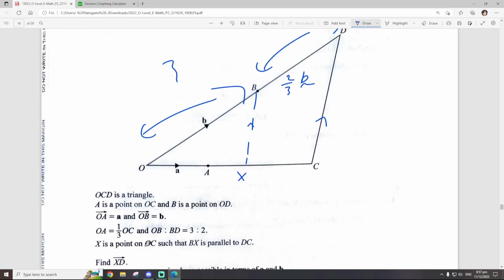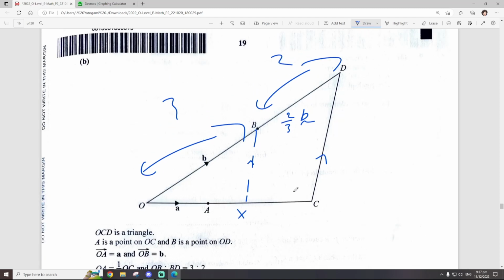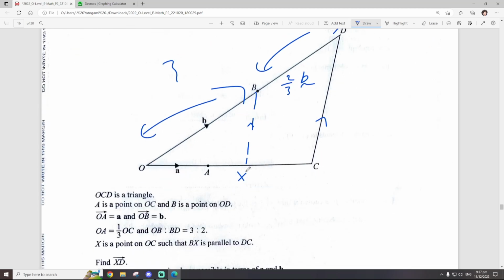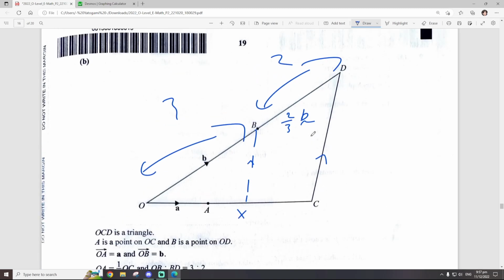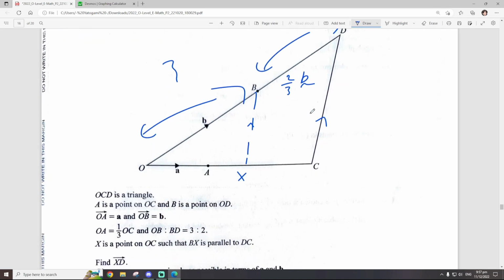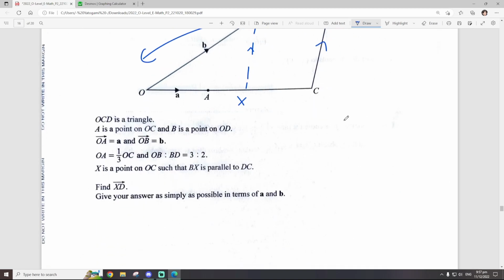Okay, so we notice that if we can actually express CD in terms of A and B, then XB has to be a scalar multiple of that. But we notice that XB has a B component in it. Okay, so how do we find CD? CD is actually OD minus OC, right? But how do you find OC?